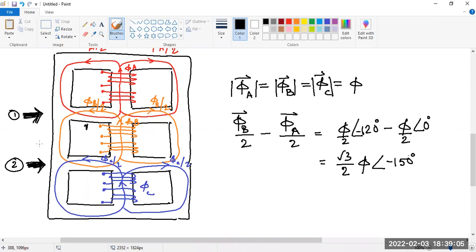That means what is the extra percentage of flux flowing there? √3 minus 1 times, that is 73.2%. So this extra percentage of flux, that limb has to carry.